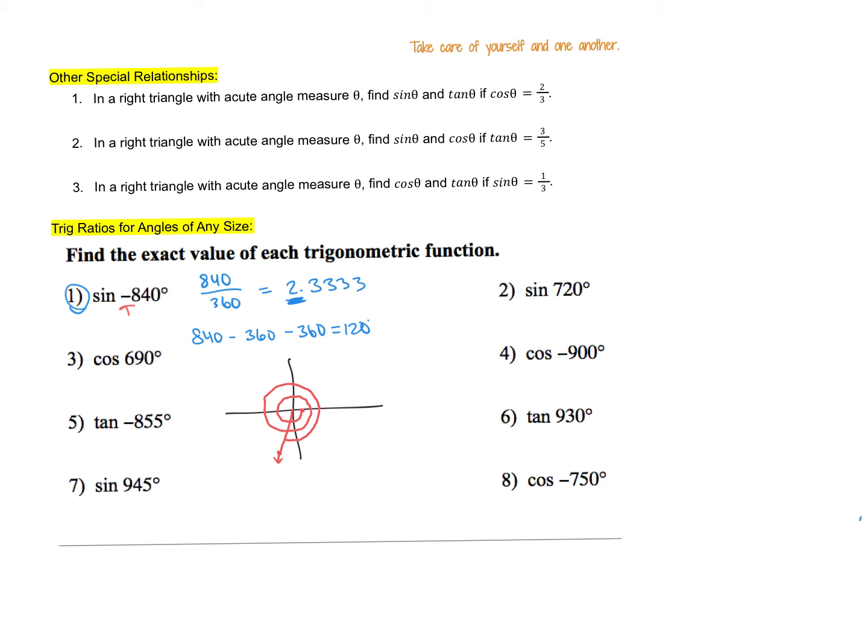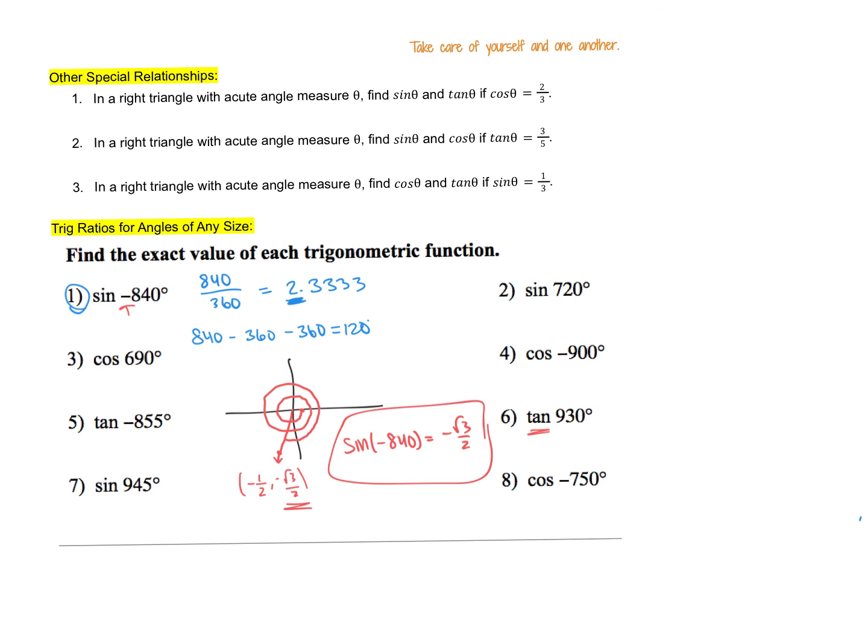This angle down here has the coordinates -1/2, negative root 3 over 2. So it wants me to find the sine value. The sine is the y. So sine of negative 840 degrees is negative root 3 over 2. Okay? Now I'll help you with number 2, and then I want you to try the rest on your own.